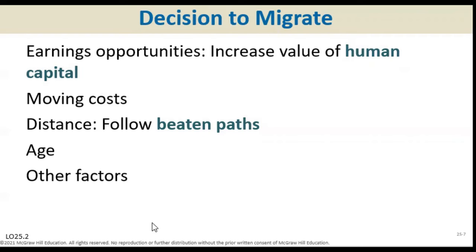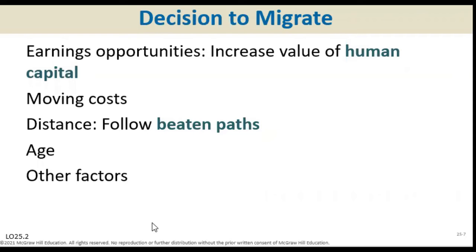So human capital: I said before that the decision to migrate is an investment in human capital. And human capital is defined as the knowledge, the know-how, and the skills that enable a person to be productive.